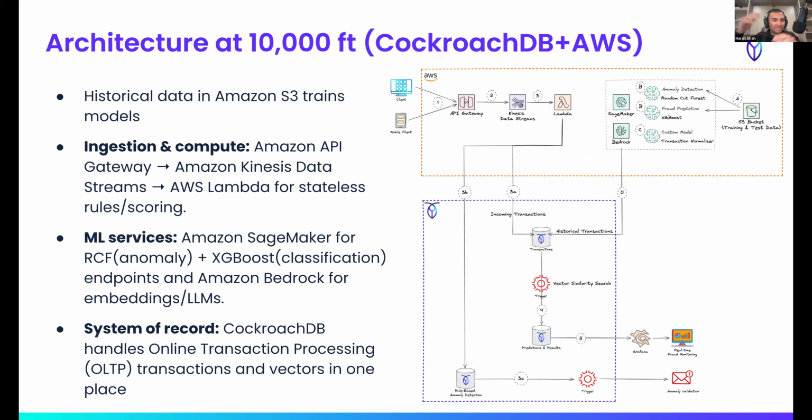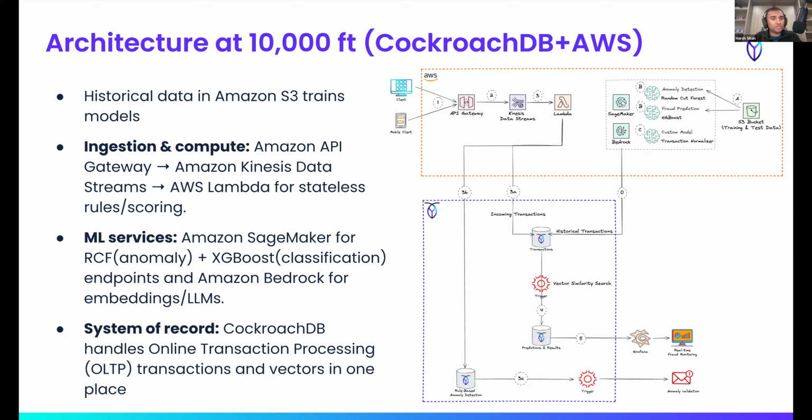So from a 1,000-foot perspective, you can land all the historical data into S3, and train your machine learning models I talked about, like random cut forest and XGBoost, for your anomaly and classification predictive modeling in SageMaker, stream the online events coming in through Kinesis, and then have a Lambda function do that in real time.